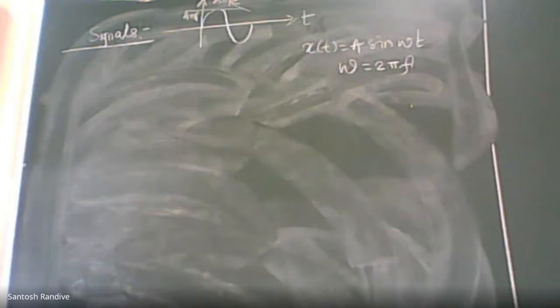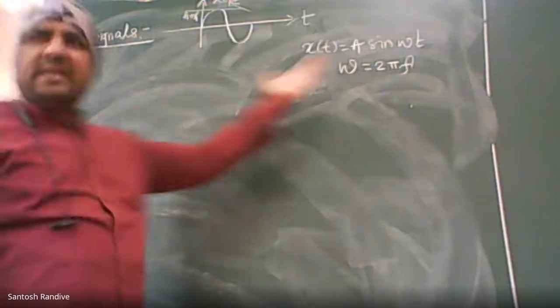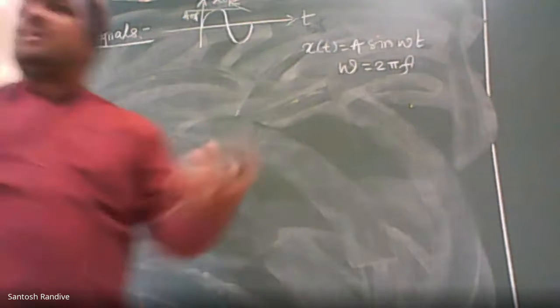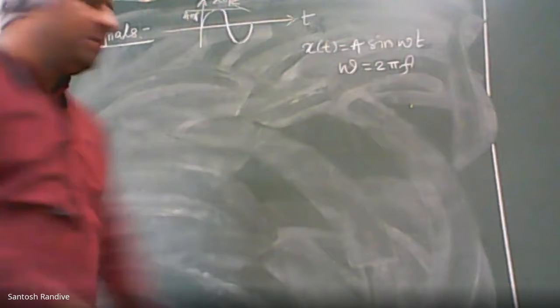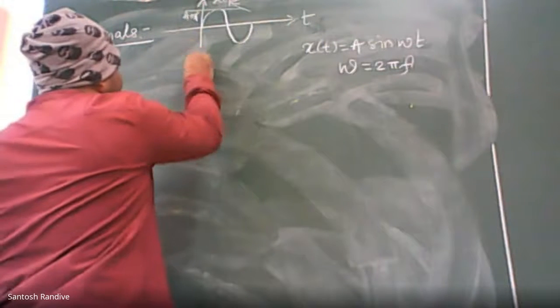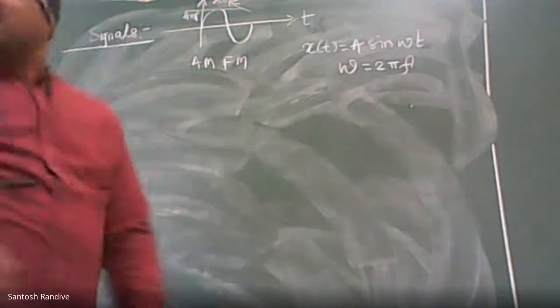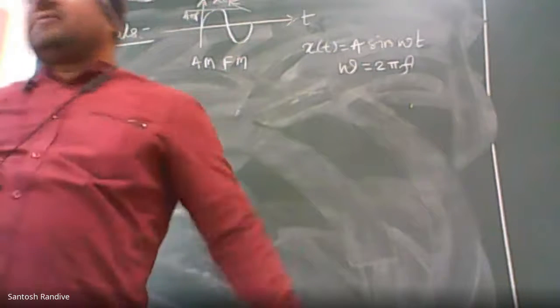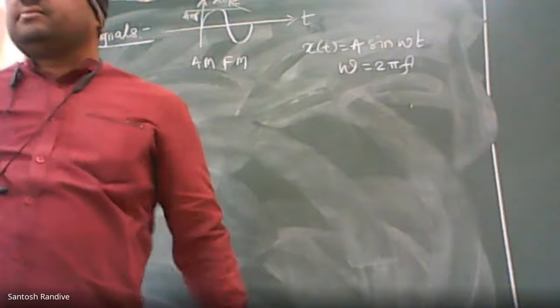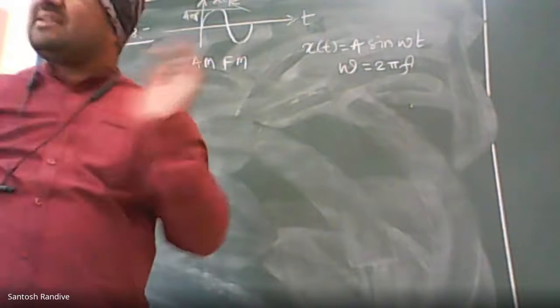This is the basic, simple example of a signal. It can be anything, for example AM, FM, telephonic waves. Anything can be considered as a signal.